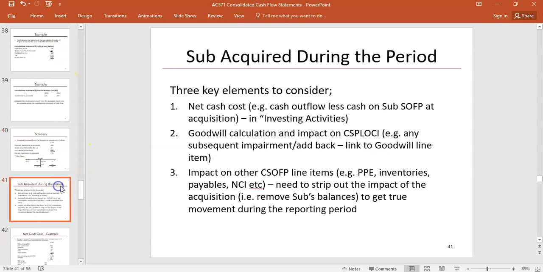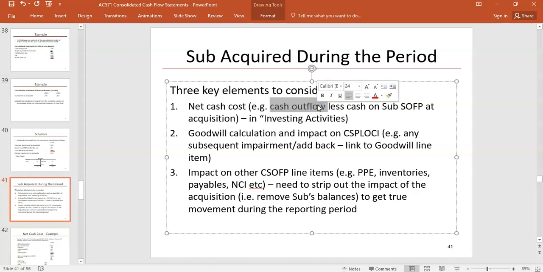You then have the third complication, which is either a mid-year acquisition of a sub or a mid-year disposal of a sub. And there's three things to consider now. And this is where you're moving on to the more advanced level questions, but we'll do some basic examples to illustrate it in the lecture recording first. So if you acquire a subsidiary during the year, the first thing is, how much cash did you pay?